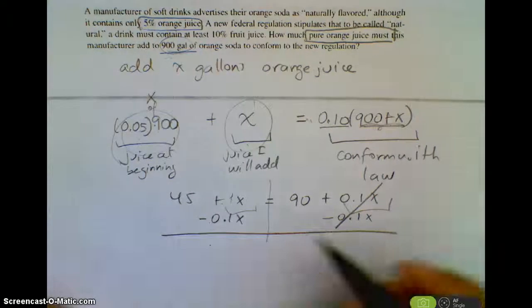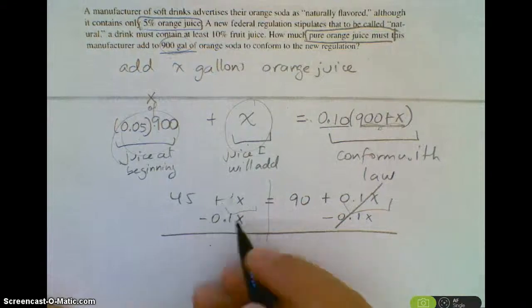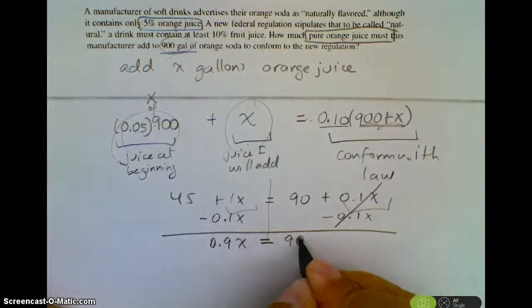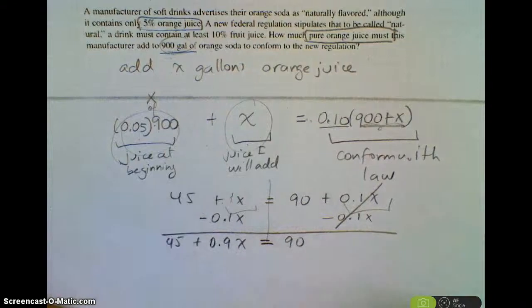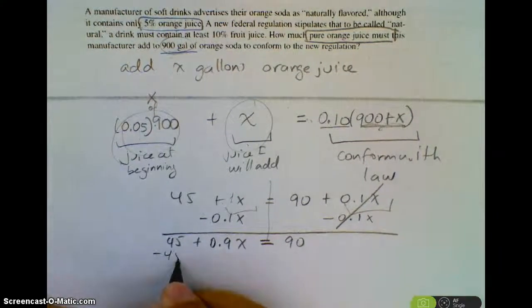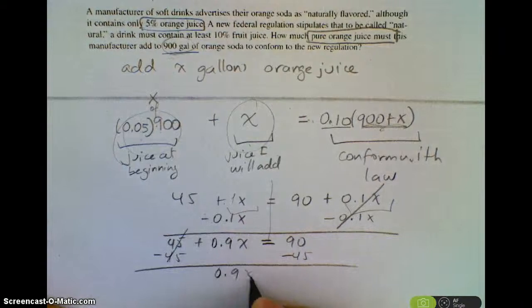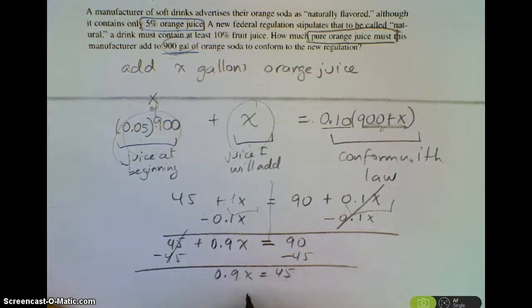So it disappears on this side, and then I have 1 minus 0.1, that is 0.9 of X. And the 90 and the 45 didn't go anywhere. And then I subtract 45. 0.9X equals 45. And then I just divide both sides by 0.9.